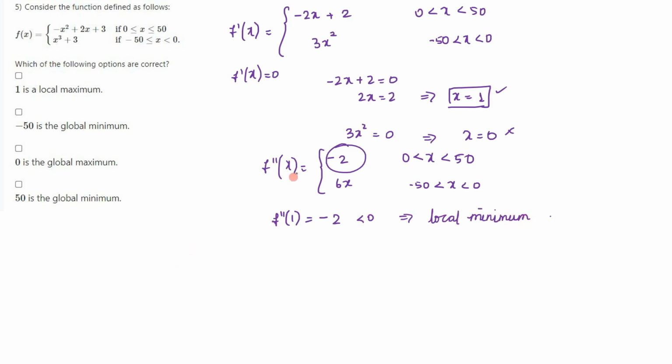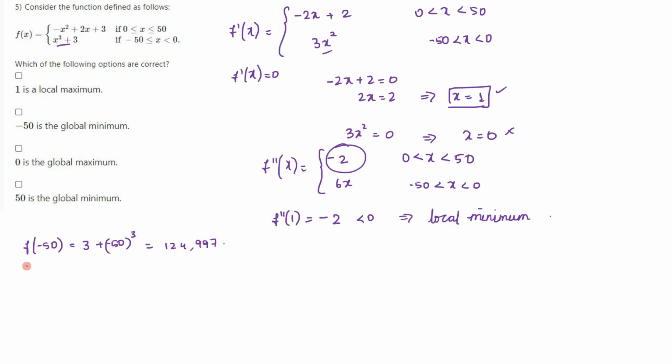Alright, so now considering all the intervals, I'll have to find out all the different values of f for the function, right? F of, I'll start with least value, that is minus 50. F of minus 50 is nothing but, I'll have to use this equation, that is 3 plus minus 50 whole cube, that is nothing but 124997.